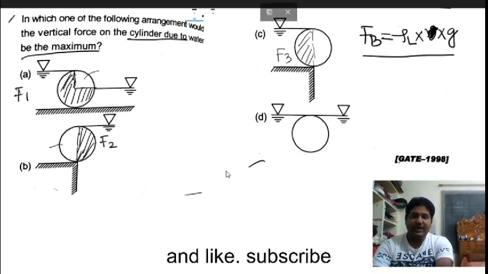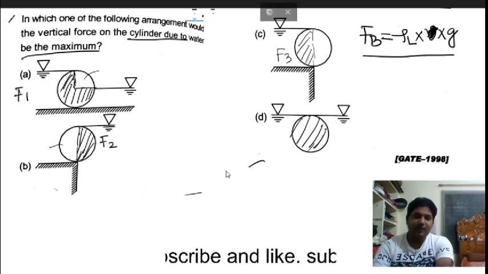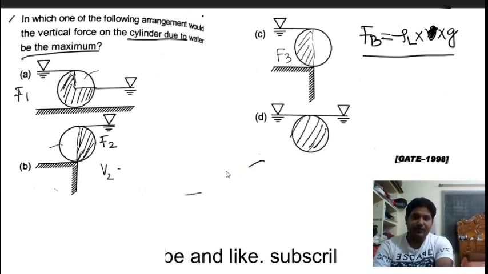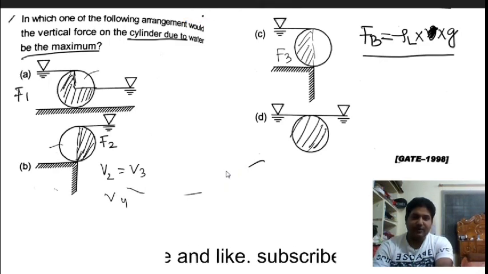Now you see option D. This is the part which is completely submerged inside the water. So the volume submerged in this case, V2, will be equal to this V3, and this volume submerged will be equal to the last option, suppose V4, which is greater than everything.